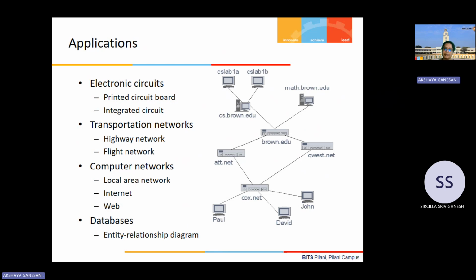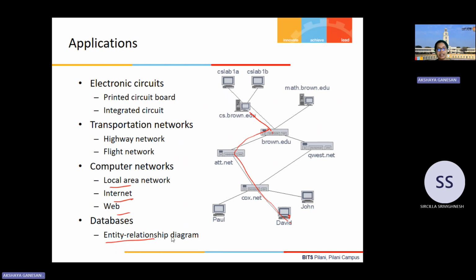Take shortest path: if a packet has to go from one layer to another, and again has to pass through this, which is the shortest path, which will travel fast, which is the path with less congestion. All those algorithms are graph-based algorithms.